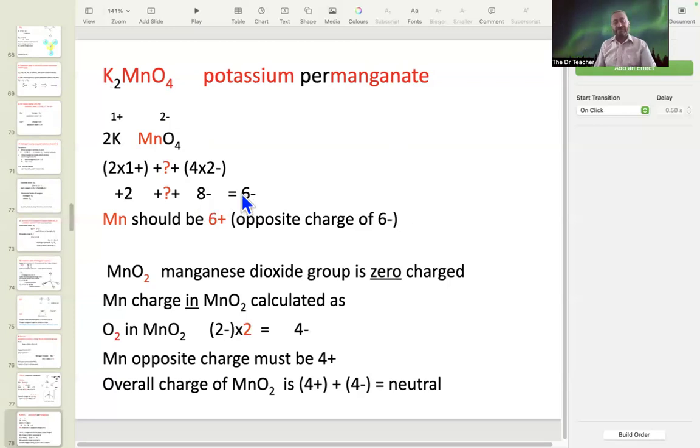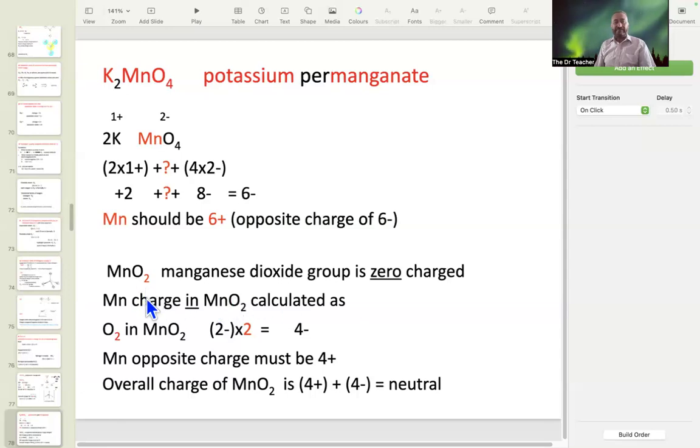It is 6, 6 in minus. So the manganese will become 6 plus. Now you put the 6 plus here in the equation: 6 plus and 2 plus, 8 plus. Oxygen -2 times 4, 8 minus. So 8 minus and 8 plus become 0. So the overall charge of this molecule is 0.